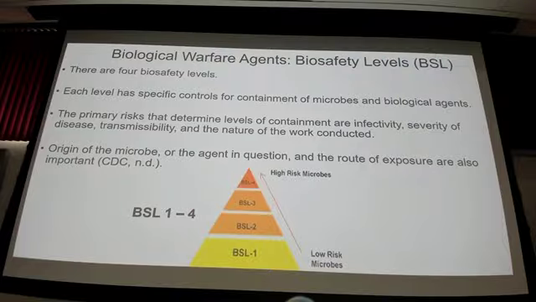Most importantly from the biosafety levels is knowing generally what risks they have for their effects on the population. And so we know BSL level 1, very minimal risk. E. coli is an example, and that's found in our digestive tract.